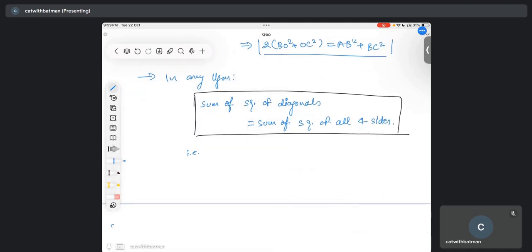That is, AC square plus BD square equals AB square plus BC square plus CD square plus AD square. So remember that in any parallelogram, the sum of squares of diagonals is equal to the sum of squares of all the four sides that you have.